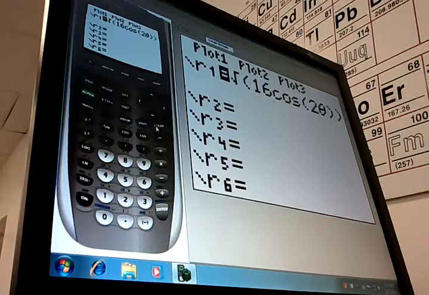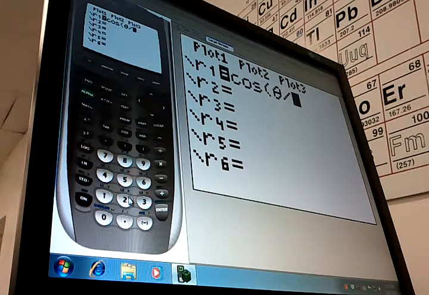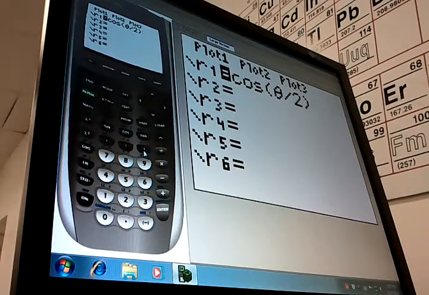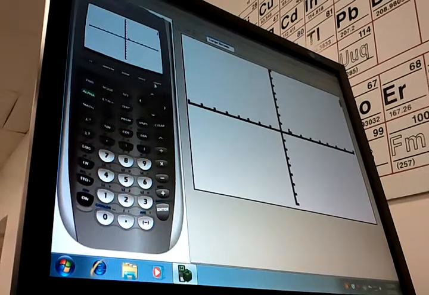Okay. And you could just play around. What to me would be interesting, like, let's take a look at cosine of theta divided by 2. We've looked at straight up multiples of theta. Let's look at fractional multiples, theta divided by 2. Oh, my step is crappy. Why don't you go back a second? Oh, it doesn't work on this.